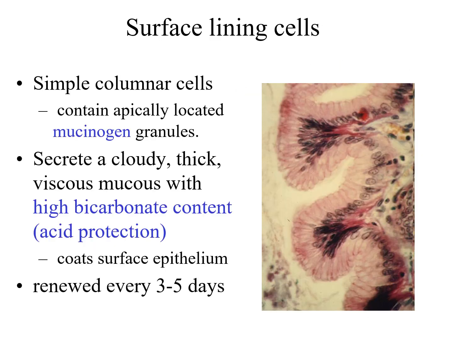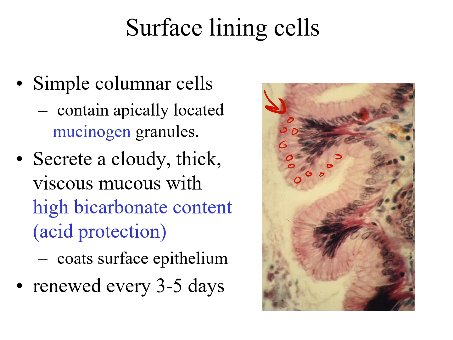As I said, the epithelium that we have here, we call the simple columnar mucus-producing cells. These cells contain a lot of mucus granules found in an inactive form. We call them mucinogens. Once secreted, they form mucin.